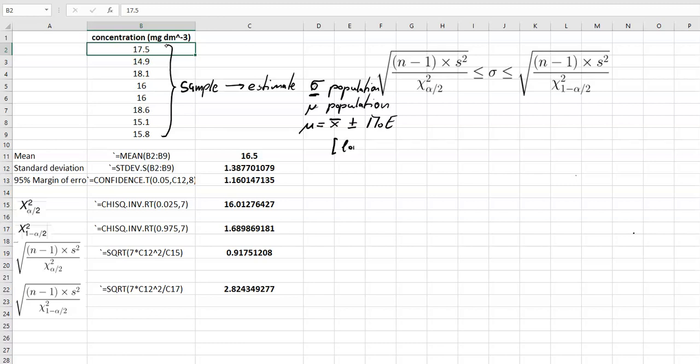So this would be the lower range and then the upper boundary of the standard deviation. And the reason why we can't write it just simply like this, like sigma plus minus a margin of error, is because it is not a symmetrical distribution.